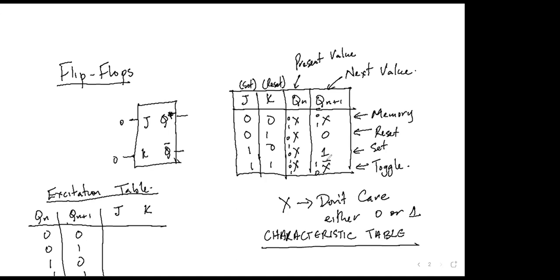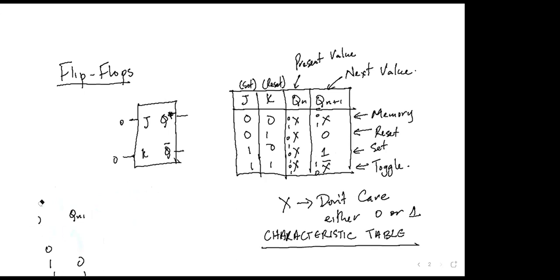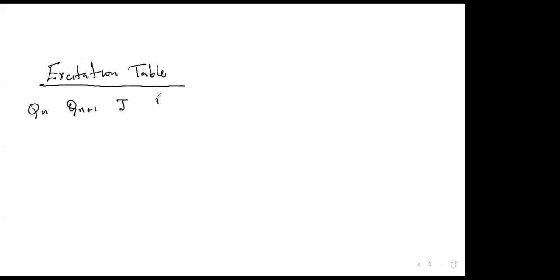Okay, so let's work this out now. I'm going to put this over on the next page. So, the excitation table: we say Q present value and the next value, what value of J and what value of K can we use to cause that.